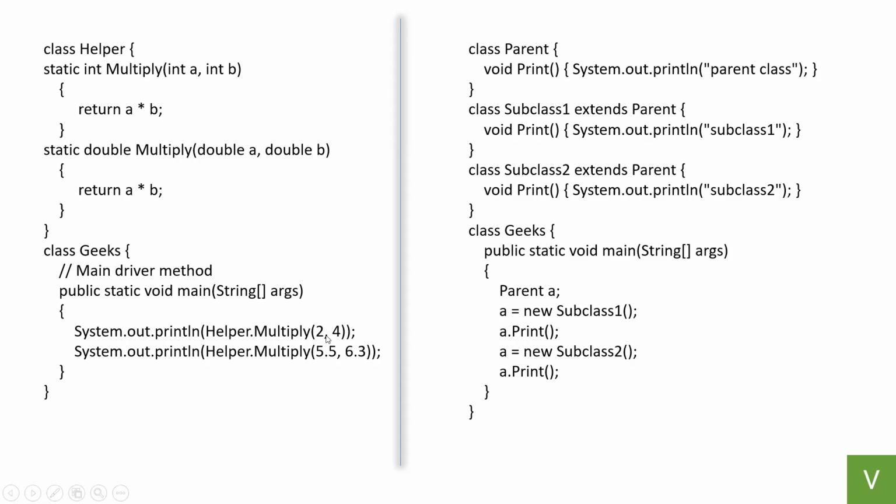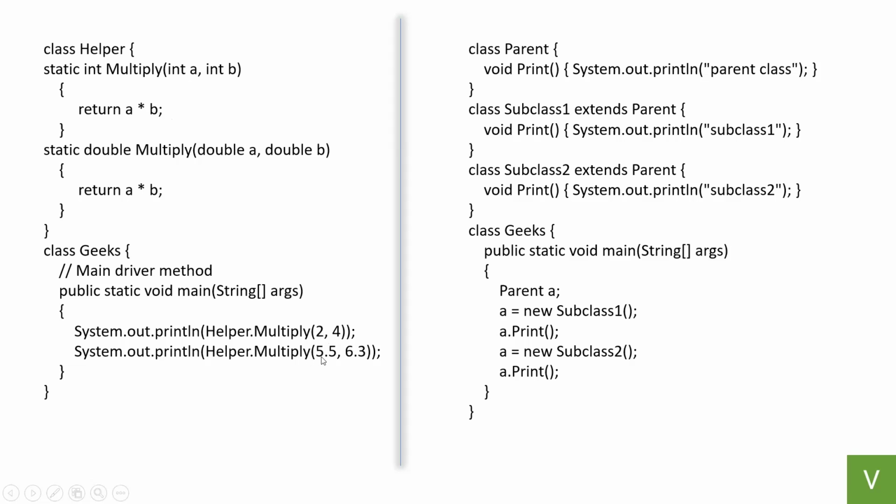Whenever we make this function call, the execution goes to the matching method in the class. That is, it consists of integer values, so int a and int b, and it will return a into b.